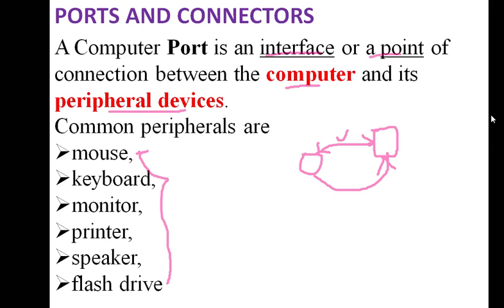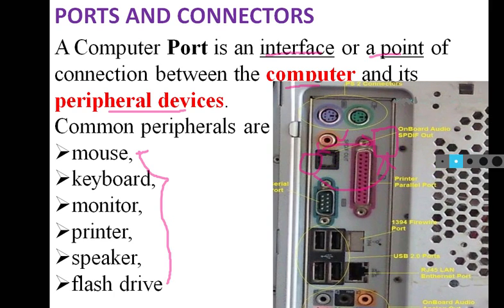See, these are ports. These two ports we can call PS2 connectors. This is onboard audio out. This is the parallel port. This one is the serial port for monitor purpose.